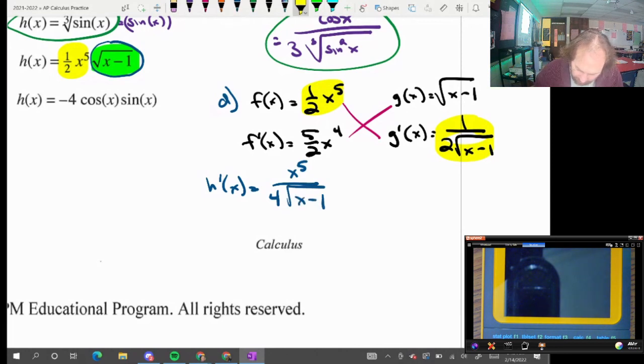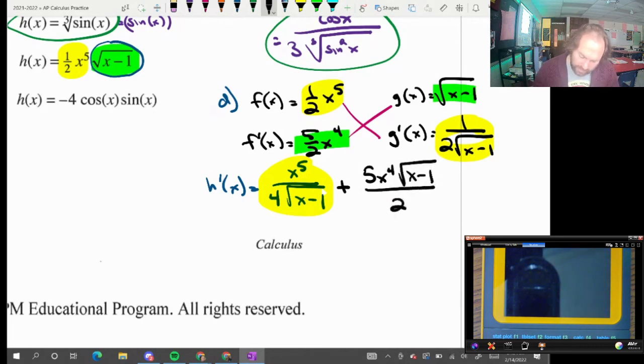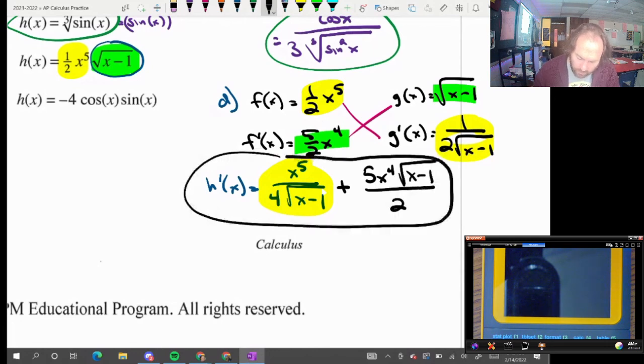There you go, multiplying those two together. Then we're going to multiply the original g times the derivative of f. So put a plus sign down. I don't really have a good way to do this, so let's leave 5x to the 4th on top, right next to the square root of x minus 1, all over 2. It's not a very clean derivative, but that is what it is. That's your derivative.